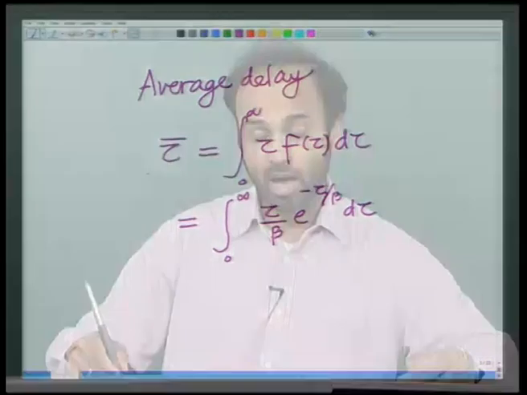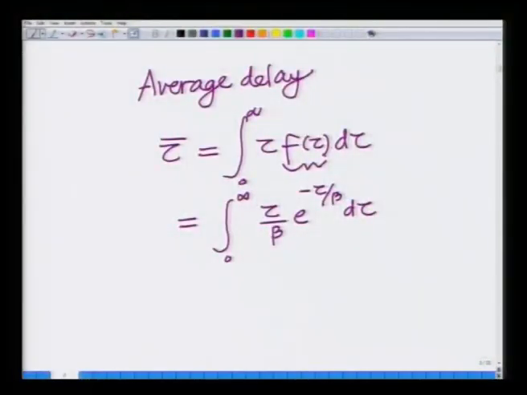So, I am computing the average delay: I am taking the delay, weighing it by the fractional power received, and integrating from 0 to infinity. That gives me the average delay, and this can be shown to be beta. So, the average delay tau bar equals beta equals 1 microsecond. Remember, beta is a constant whose value is 1 microsecond.